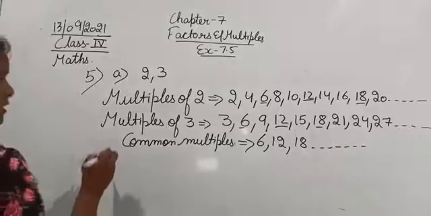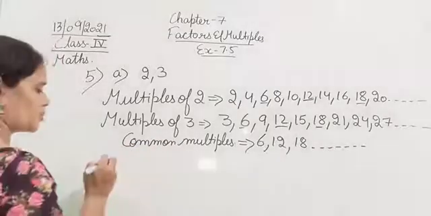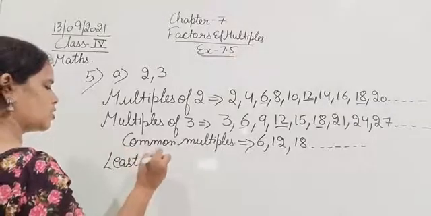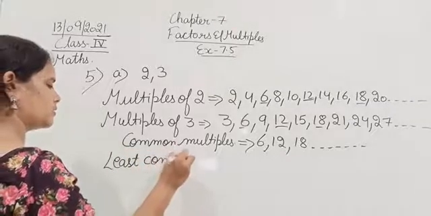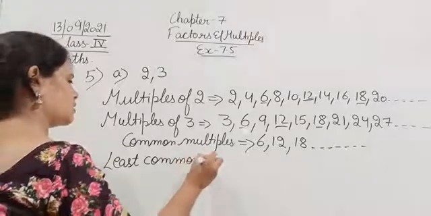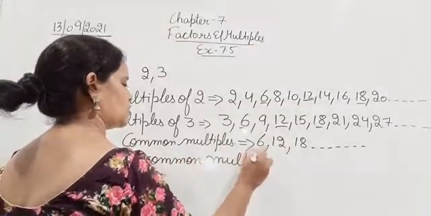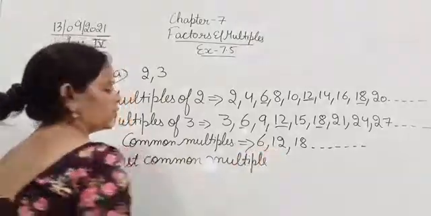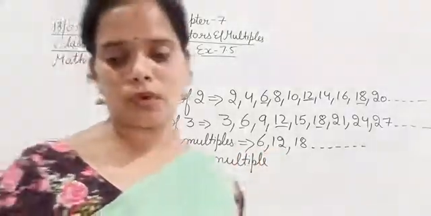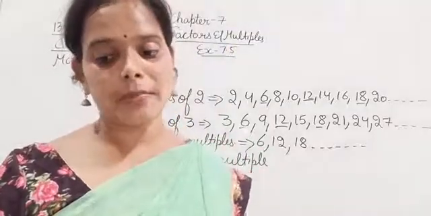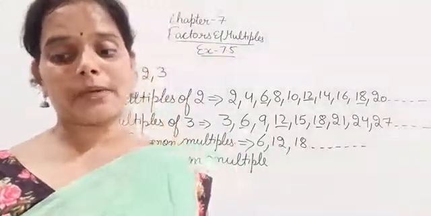Now we have to find the least common multiple. Okay, so the question was, find the common multiples and hence the least common multiple of the following.